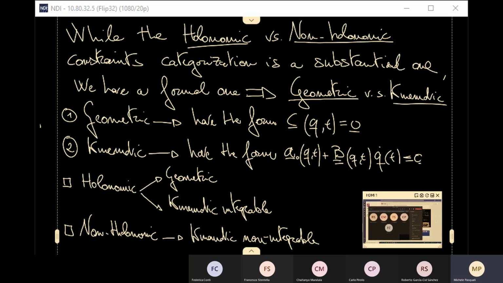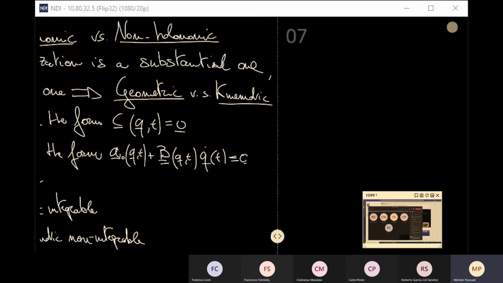Why is all this differentiation? As I was mentioning before, there will be a substantial difference and effect in the formulation.